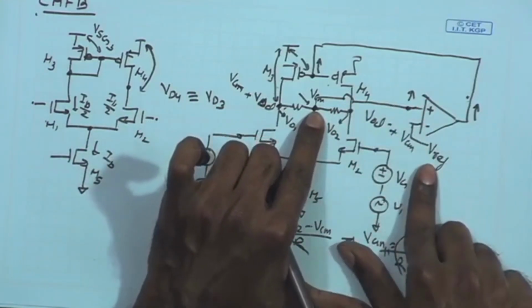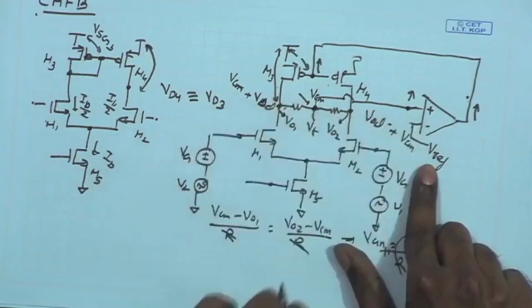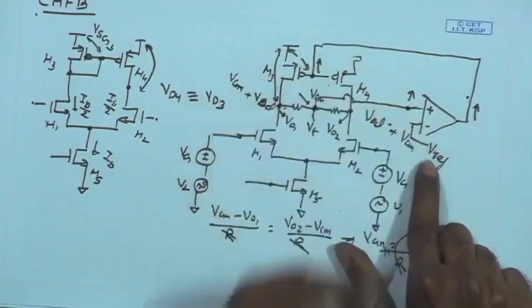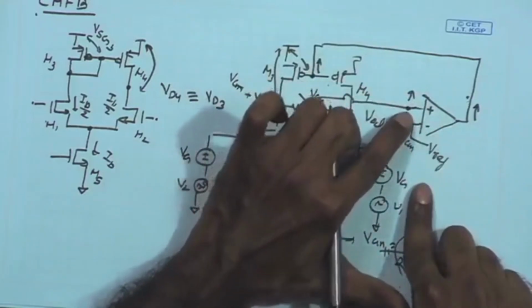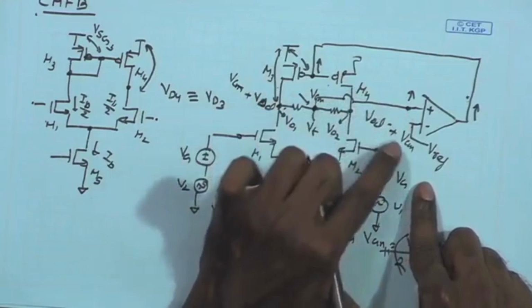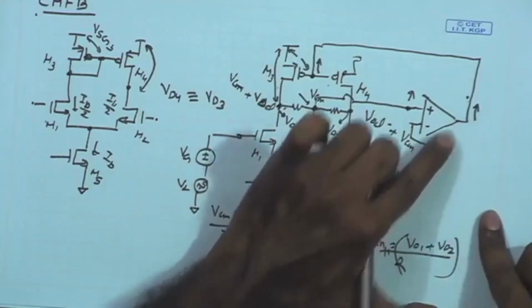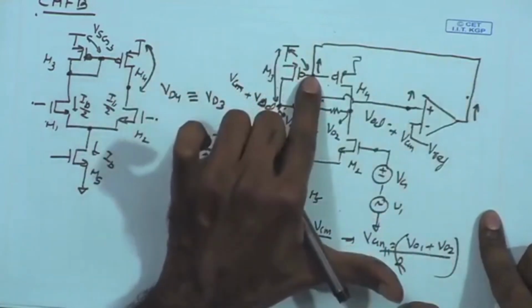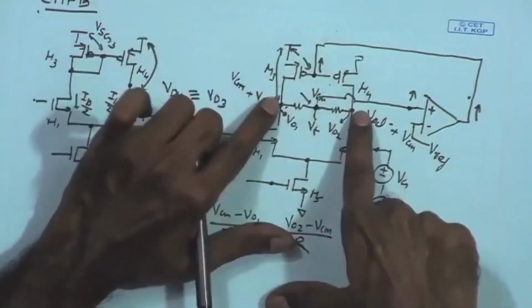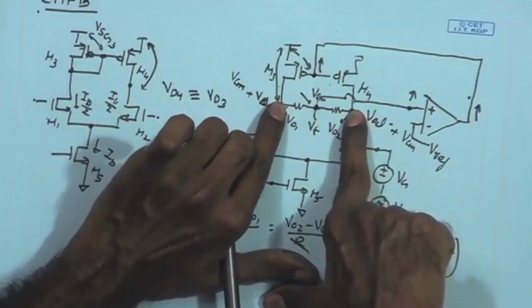So, we see that there is a negative feedback operation involved here if we make this connection to the positive terminal of the amplifier. We can call this an error amplifier, which is amplifying any small difference between the actual common mode signal and the desired reference signal to which we want to set the common mode, and it is controlling the gate voltage of PMOS, so that they in turn control the DC bias point at the output.